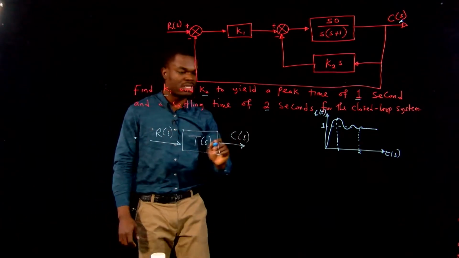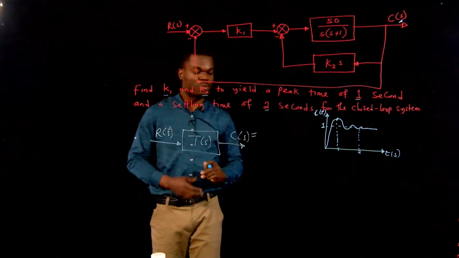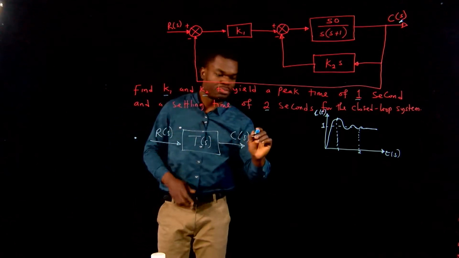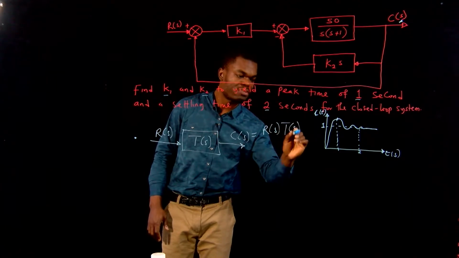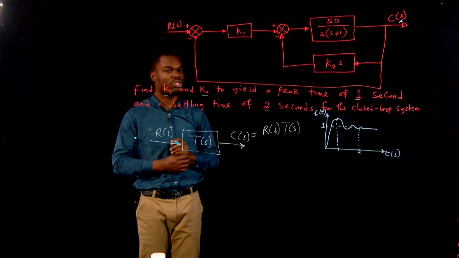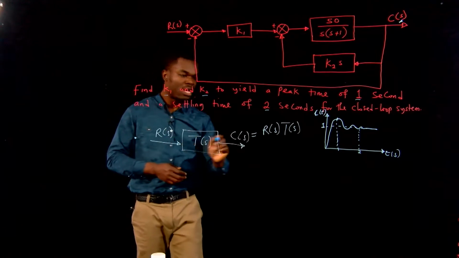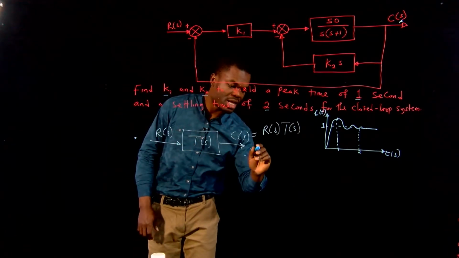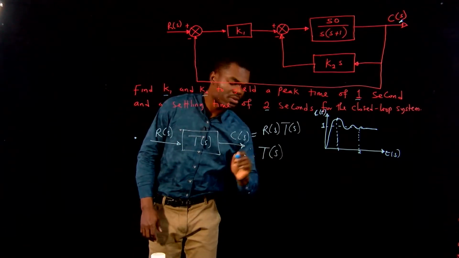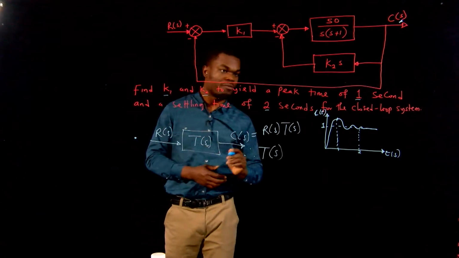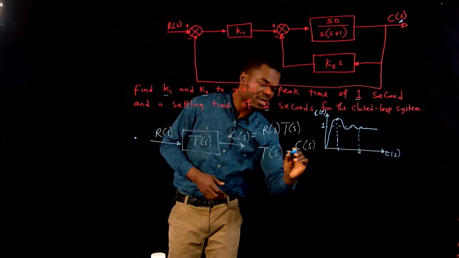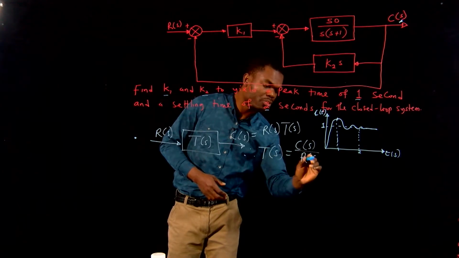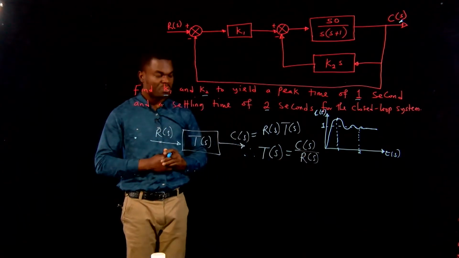What this means is that our output C of s is R of s multiplied by the closed loop transfer function, T of s. Therefore, the closed loop transfer function of this system is the output C of s over the input R of s. Okay?